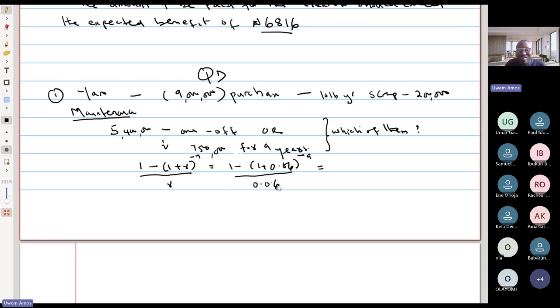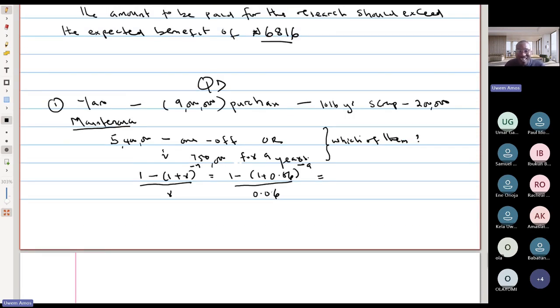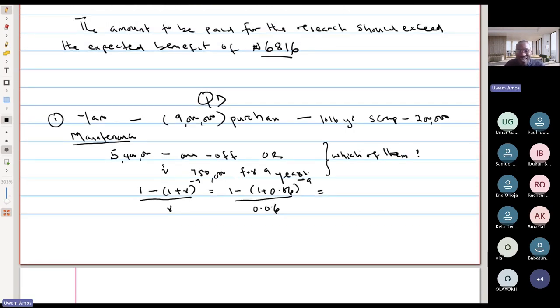Okay, so let's solve that out. That would be 1.06 raised to the power of minus 9, minus 1. I'm going to ignore the minus sign in my final answer because I'm working it backward. Divided by 0.06. So that's about 6.8.